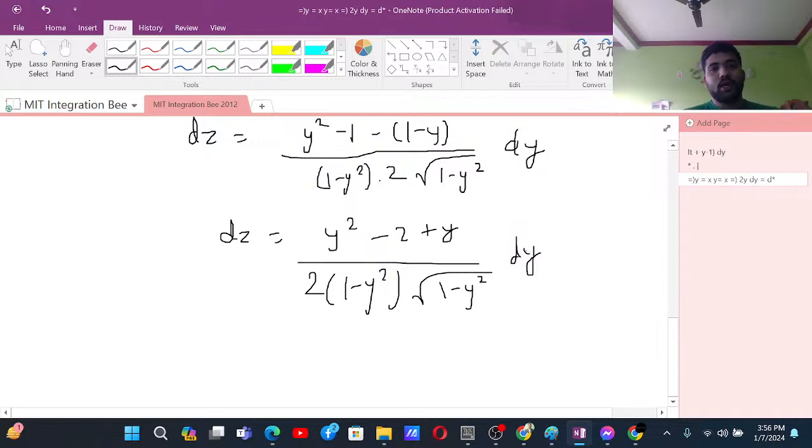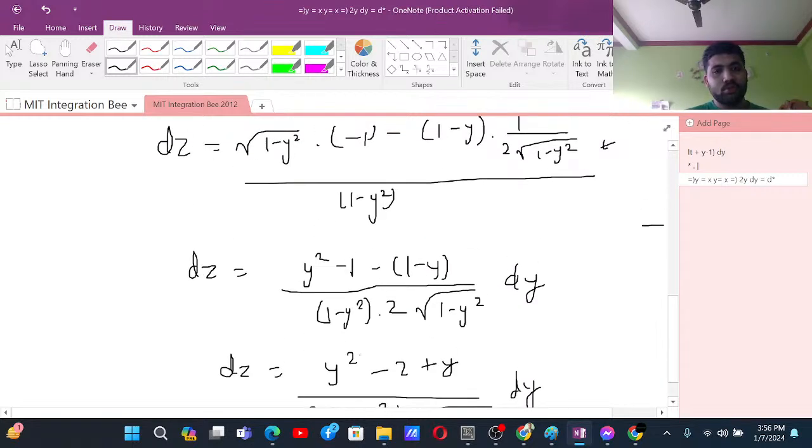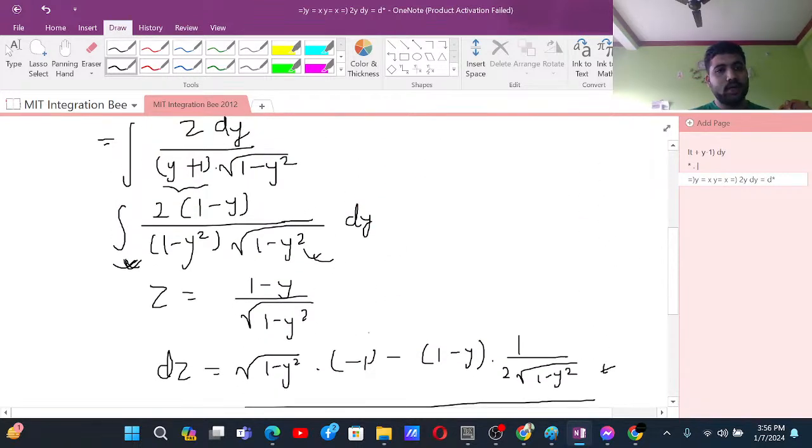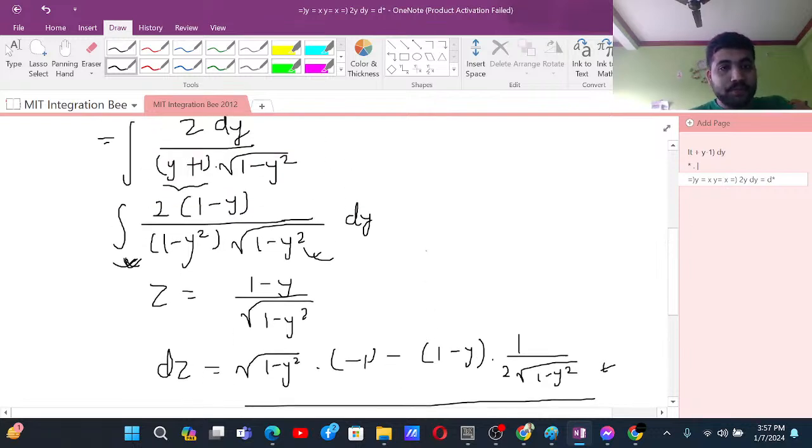Now when I did this problem, there was just y over here, and then we had 2y minus 2, but it's not that right now. Let me check where I went wrong. Okay, so I made a mistake over here.